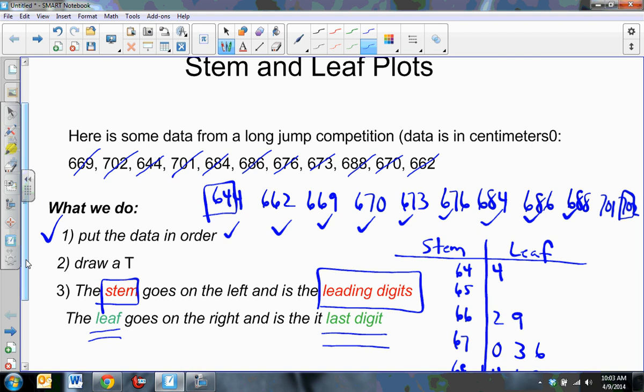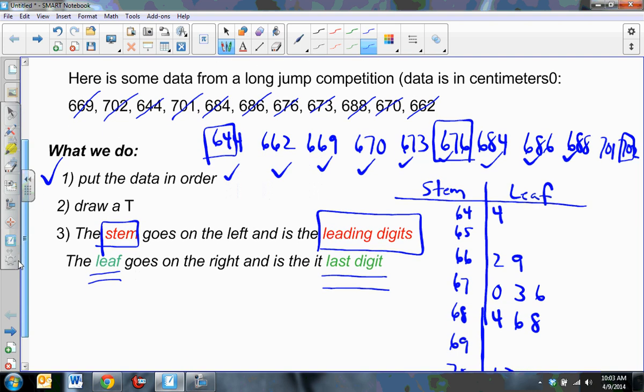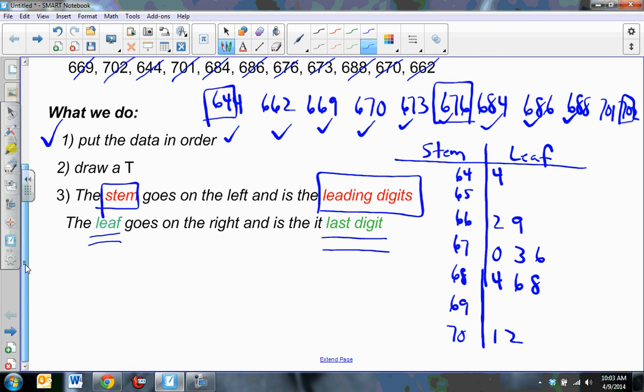It looks like it might be 676 because I have 1, 2, 3, 4, 5 numbers to the left and 1, 2, 3, 4, 5 numbers to the right. So 676 is our median value. It's the one in the middle. Again, because we have an equal number of values on either side. Okay? We could have found that from the stem and leaf plot.